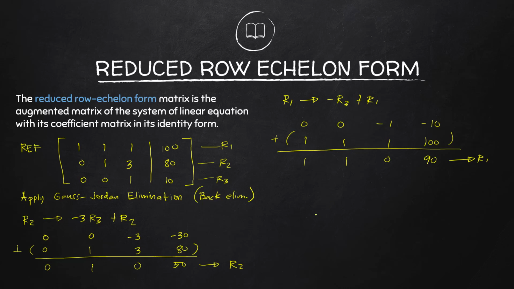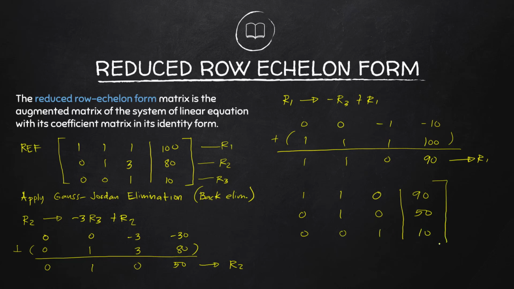If we plug this into our matrix, we have your augmented matrix 1, 1, 0, because we have already transformed it, 90. This will become 0, 1, 0, and 50. This is 0, 0, 1, and 10.